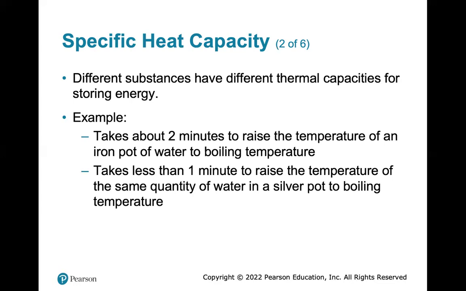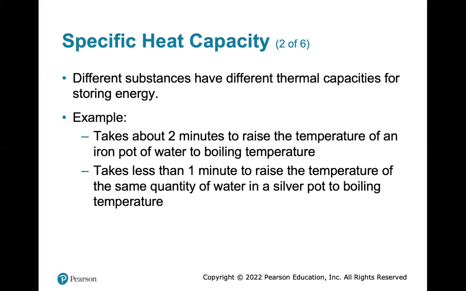And silver has much lower, 234 joules per kilogram per degree C. So you can see that with the silver being lower, it doesn't resist heating up as much. Aluminum has a specific heat of 921 joules per kilogram per degree Celsius.